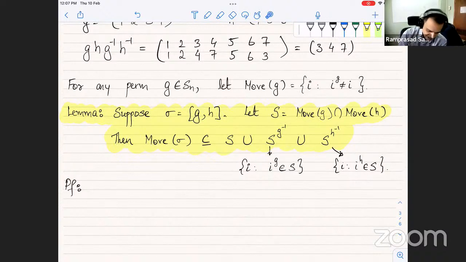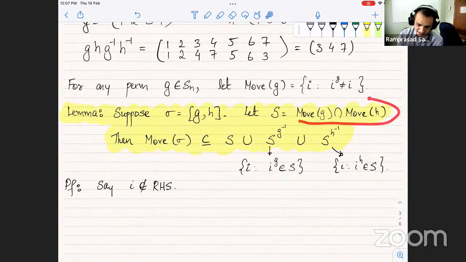So let's say some element i is not in the RHS, which in particular means that it is not present in the intersection.